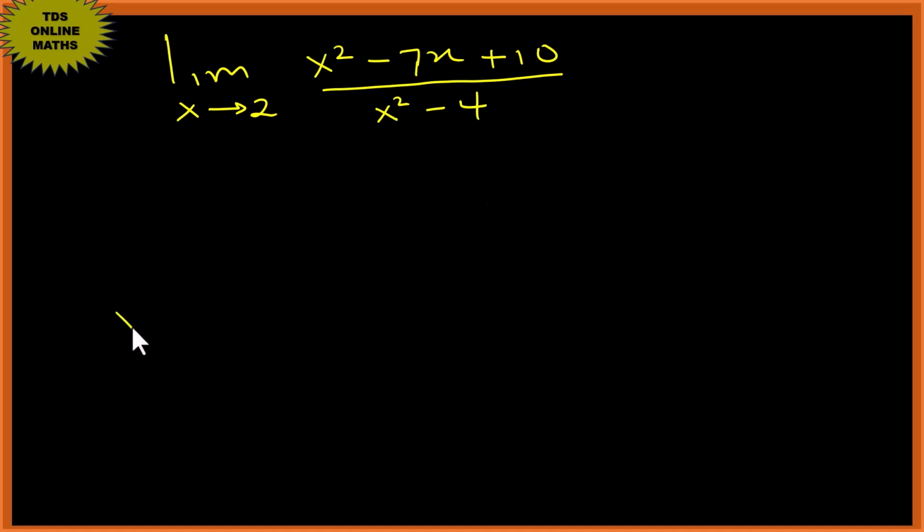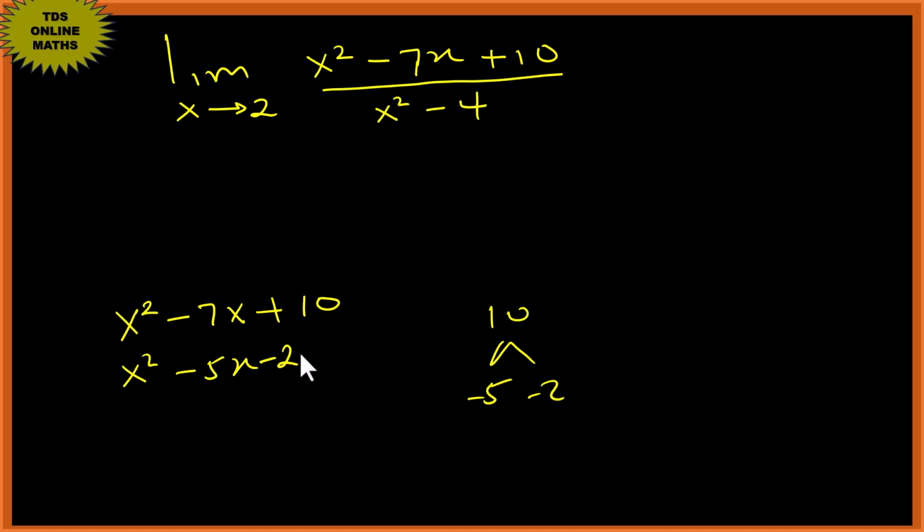So x squared minus 7x plus 10. Let's pick 10 here and find two numbers which, when we multiply them, give 10, so we have 5 and 2 here. So x squared minus 5x minus 2x plus 10.